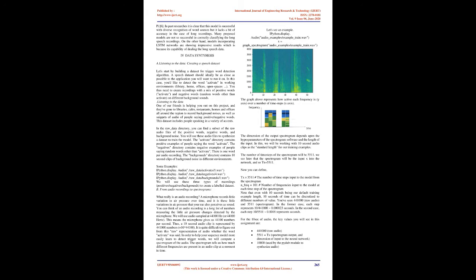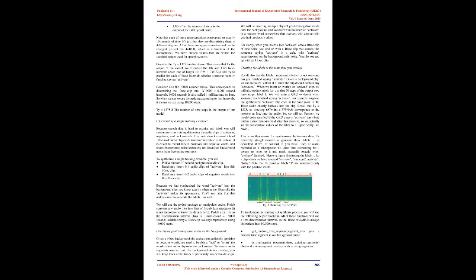IPython.display audio, audio_example/example_train.wav. x = graph_spectrogram(audio_example/example_train.wav). The graph above represents how active each frequency is, y-axis, over a number of time steps, x-axis. The dimension of the output spectrogram depends upon the hyperparameters of the spectrogram software and the length of the input.